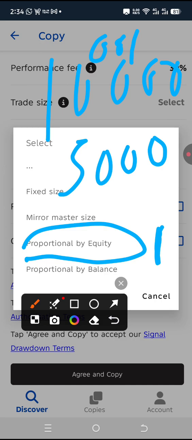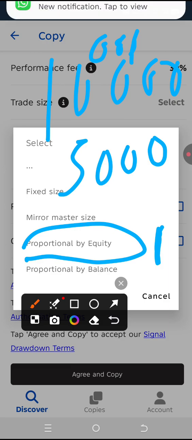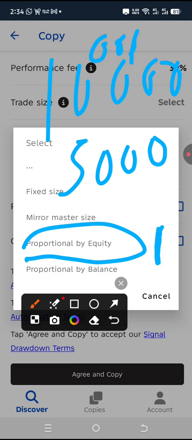What I am insinuating is it will trade you half the way the trader is trading. So it compares your account, your equity, with that trader and trades you in the same way the guy is trading. For example, he has a particular amount and is trading a particular lot size.